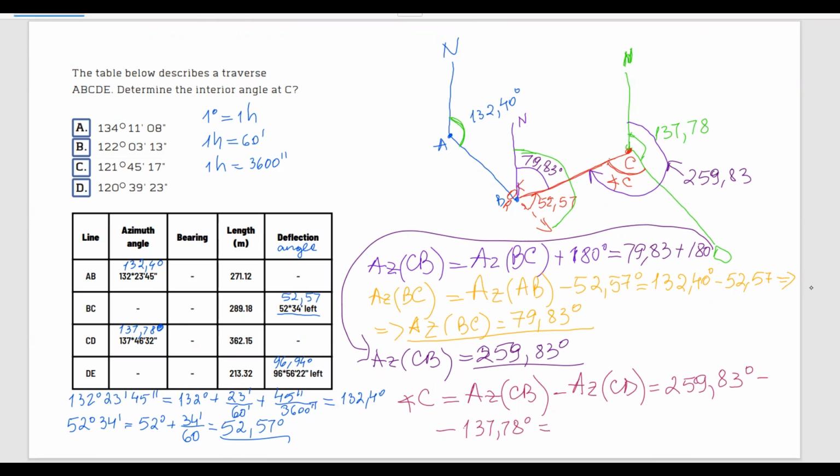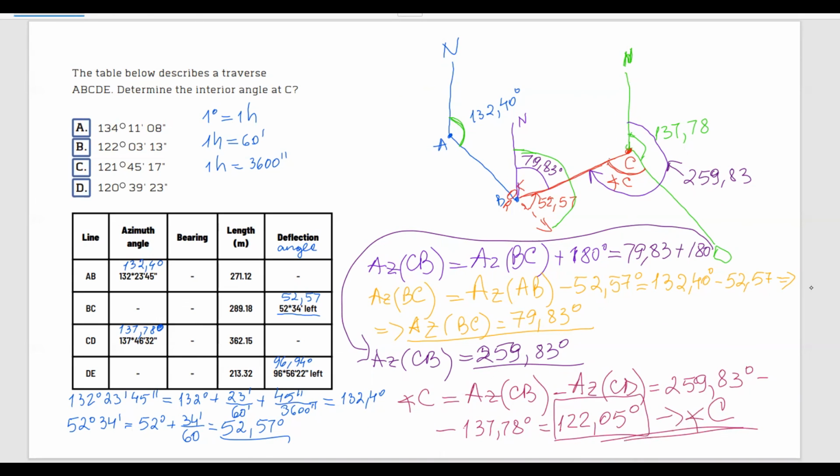Let's see, 259.83 minus 137.78, and I get 122.05 degrees. And this is the angle C.